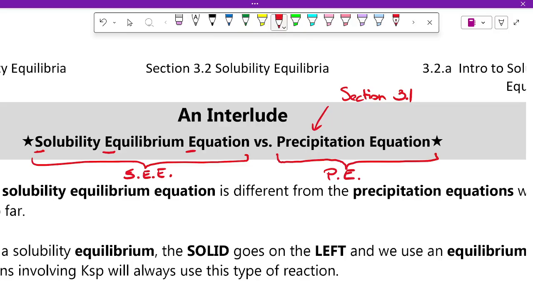And we're going to call that the PE, the precipitation equation. Formula equation, the complete ionic equation, and the net ionic equation.